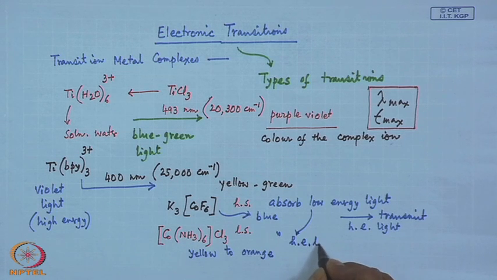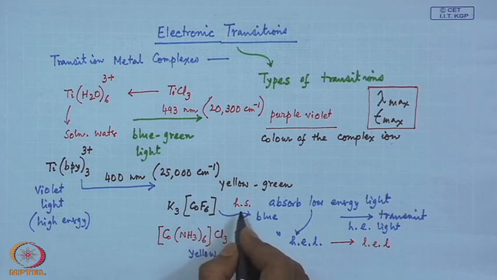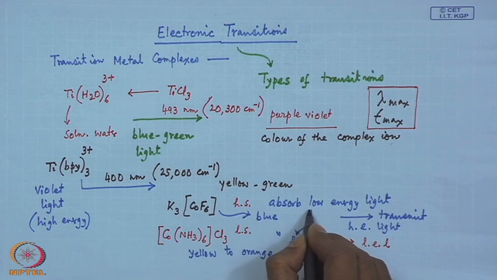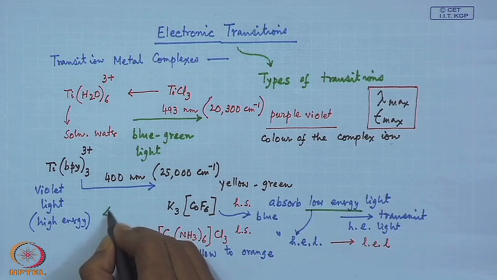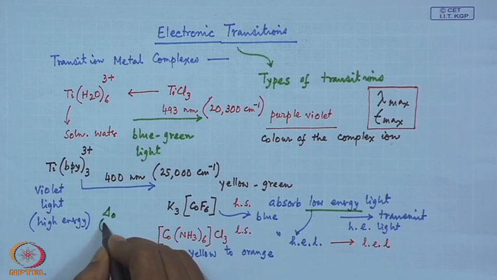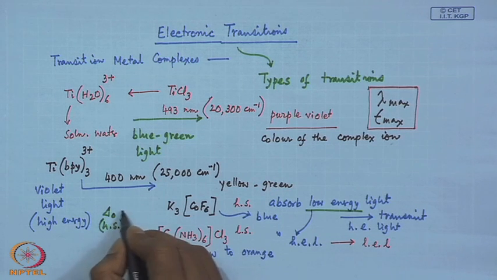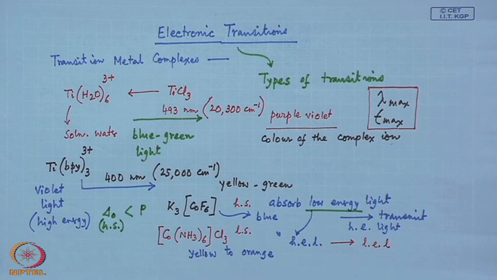So, high energy light is absorbed and definitely the transmitted light would be of low energy. That means in one case the absorption is at low energy and in another case the absorption is at high energy, which clearly distinguishes these two forms of these complexes. One is high spin and another is low spin. So, in case of high spin, it absorbs low energy light, that means delta octahedral for the high spin species is less than our pairing energy.